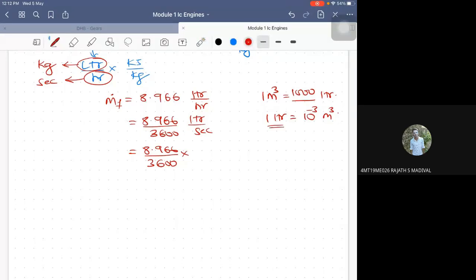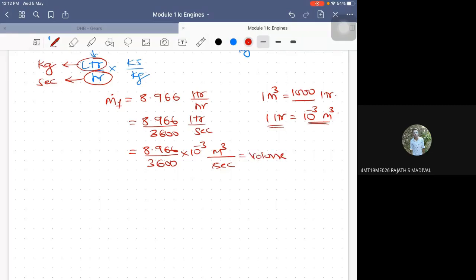Now the whole thing is in meter cube per second. Got it? So this is volume per second. It is nothing but your volume flow rate.